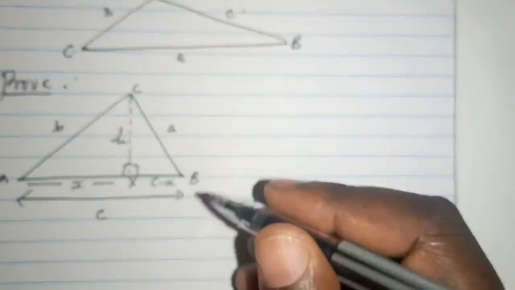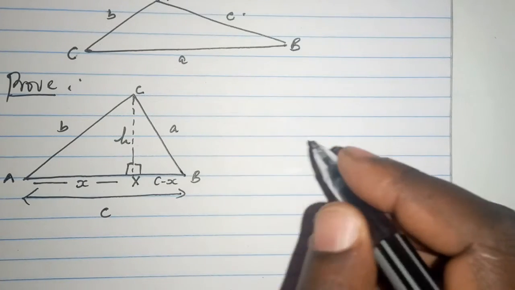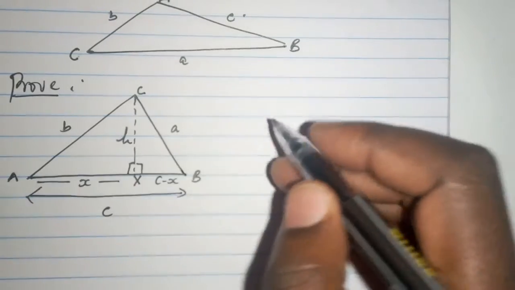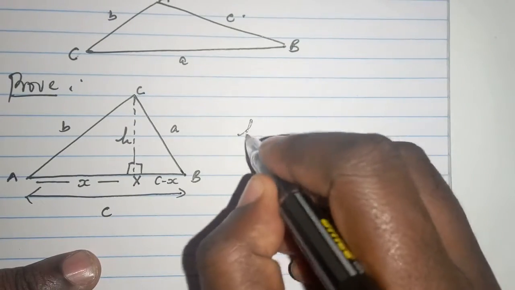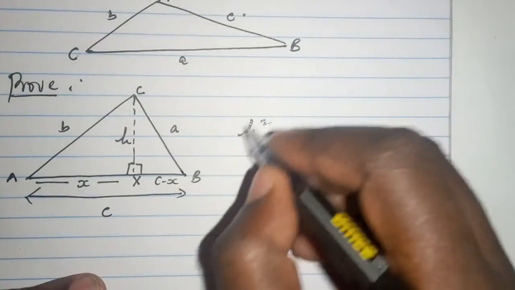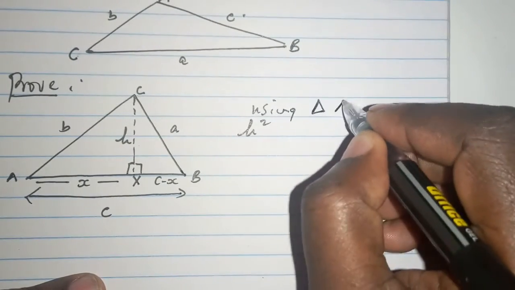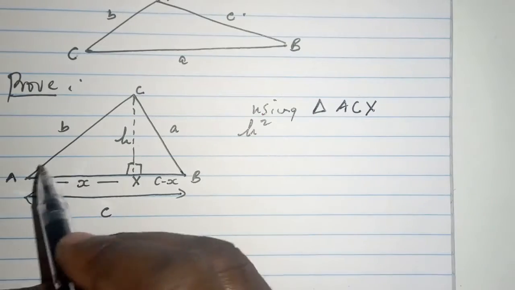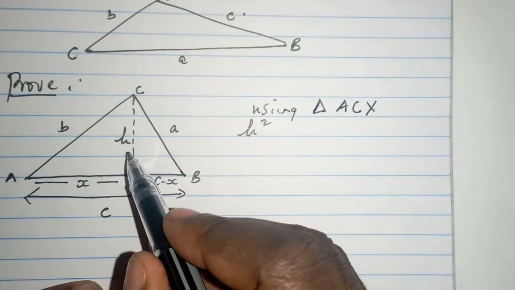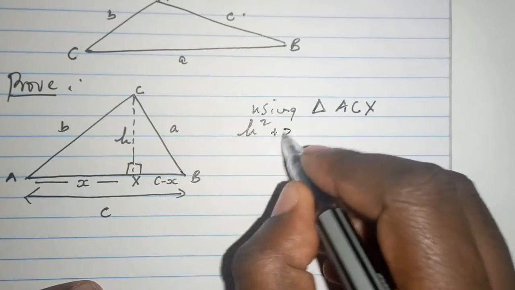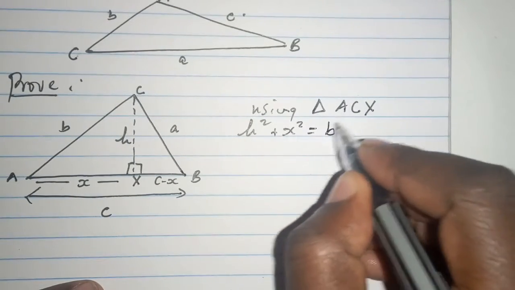Using Pythagoras' theorem on triangle ACX, h squared plus x squared equals b squared.